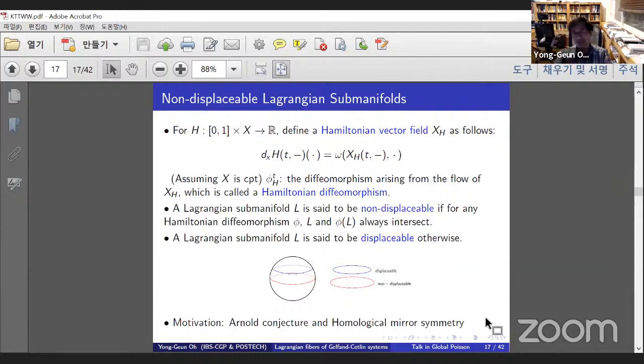That statement can be made in the language of so-called Fukaya categories. Those good collections of non-displaceable Lagrangian manifolds form some kind of generator of the Fukaya category, so it basically contains most of the essential intersection-theoretic information about the ambient symplectic manifold.